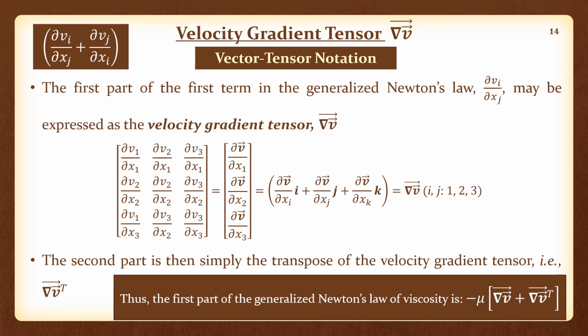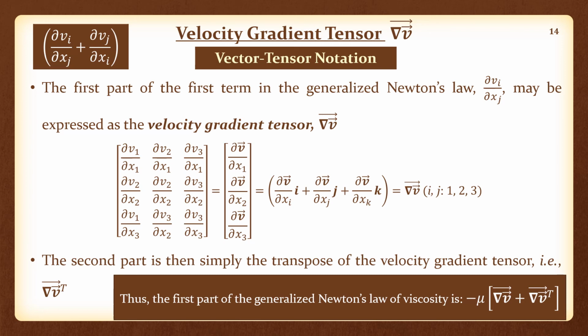At the top left you see dou vi by dou xj plus dou vj by dou xi. This is Einstein notation. The dou vi by dou xj is basically a 3 by 3 matrix. This is what I told you, if you recall. It looks like a very deceptive scalar, this Einstein notation. I can change i, j over 1, 2, 3, and therefore I will get a 3 by 3 matrix.